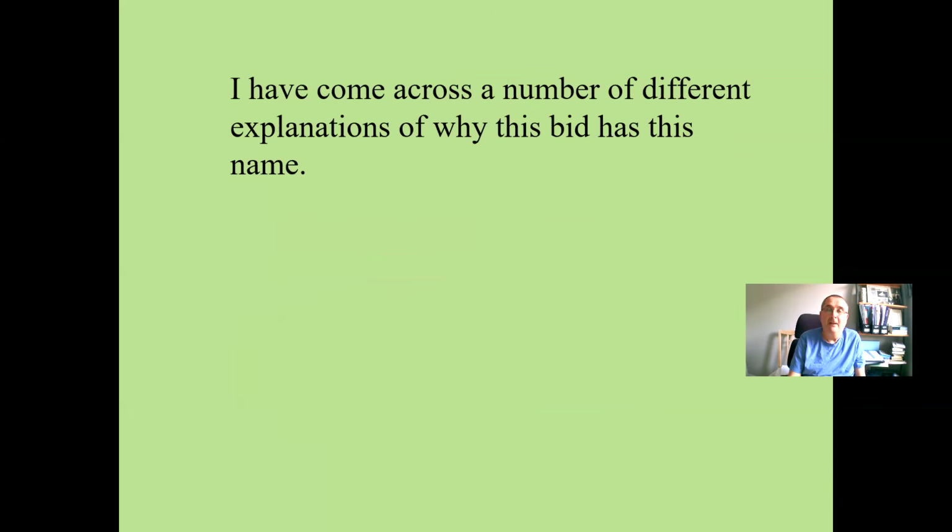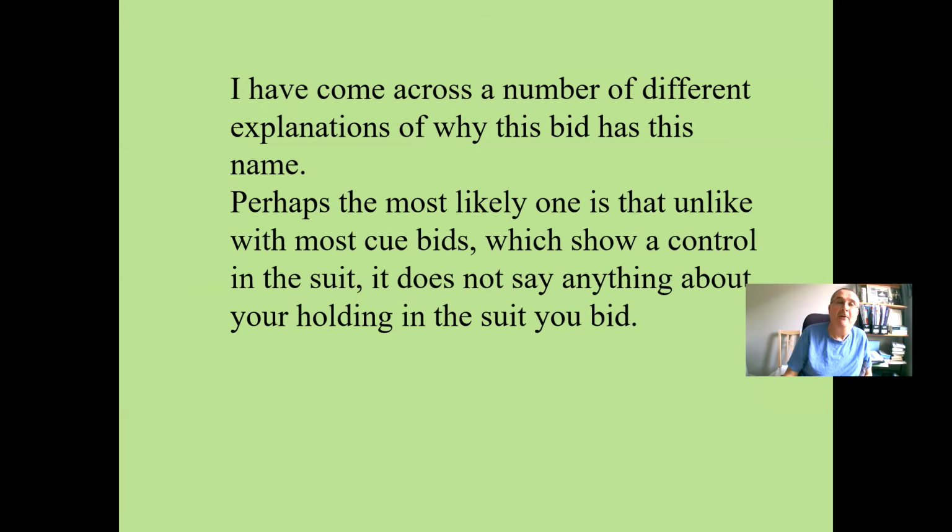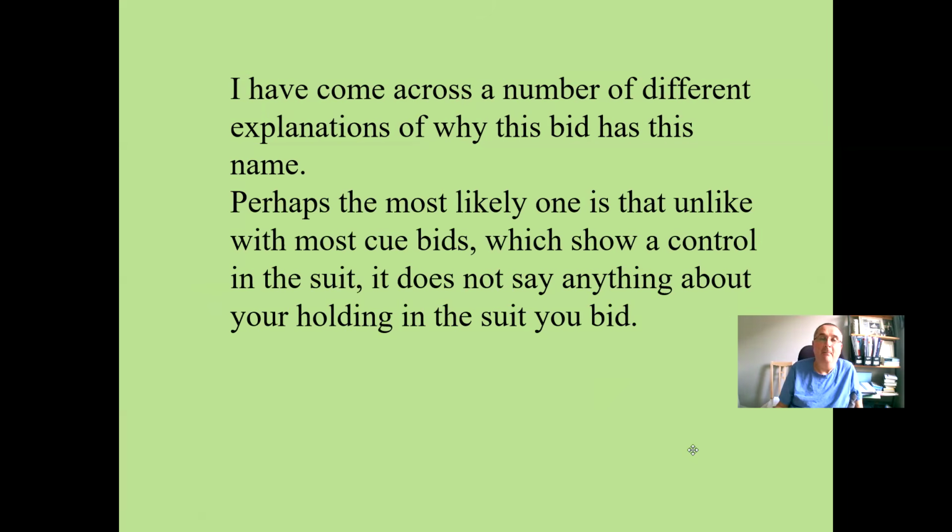I also looked up why it has this meaning, and there's nothing very clear about it, except the most likely meaning is that whereas most cue bids show something about your holding in that suit, the so-called unassuming cue bid doesn't say anything about your holding in the suit you've bid.